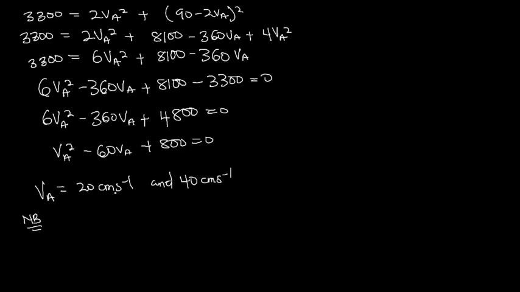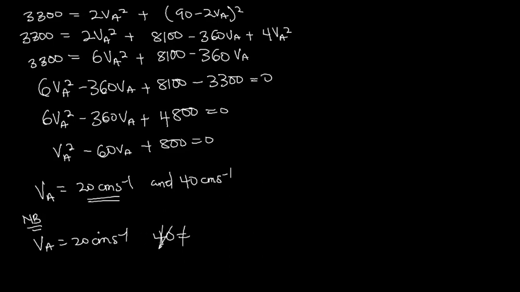The velocity after collision cannot be equal to the velocity before collision, which means the velocity will definitely decrease, and hence the 20 centimeters per second over here is our velocity of body A after collision. So our va is equal to 20 centimeters per second and not 40 centimeters per second. Okay, so this is out.